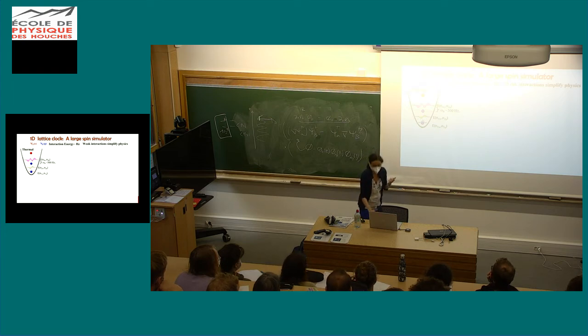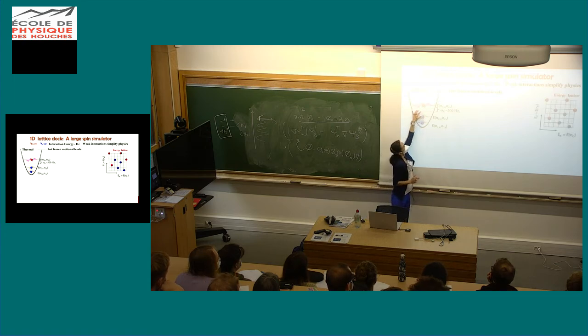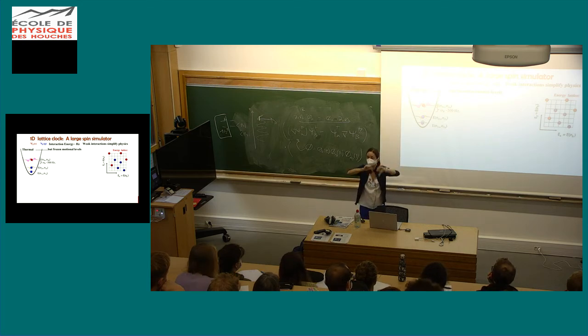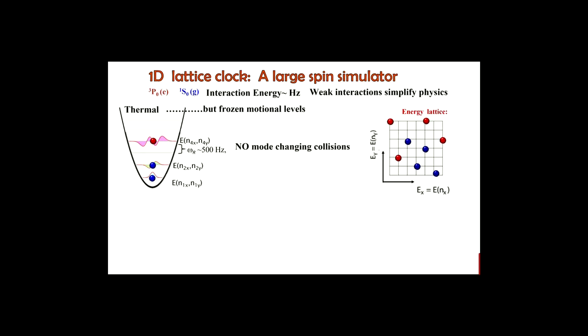So the only choice that the interactions have is to keep the particles frozen in their mode, but they can flip the spin. So I imagine that I have these particles frozen in these harmonic oscillator modes, and the only thing that can happen is that the particles change the internal degree of freedom. So that's the key of how we are going to model the dynamics.